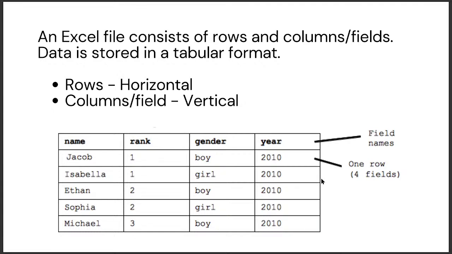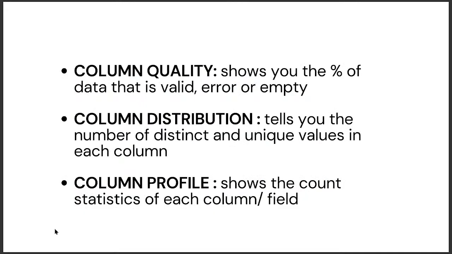Now, imagine I were to remove Isabella from this. It's not going to be 100% valid anymore. It will just be 80% valid when we do the math. Let me come back to this. Column quality shows you the percentage of data that is valid, error, or empty.